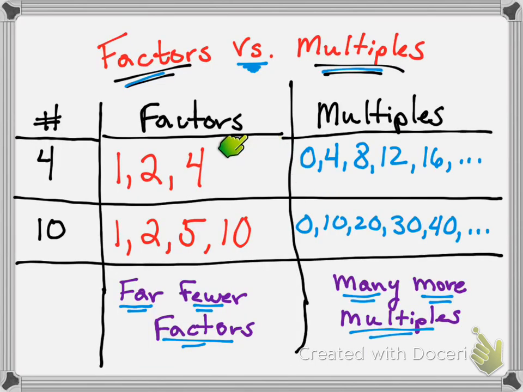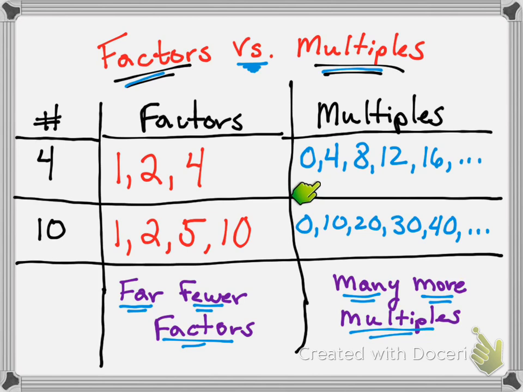So if you look over here, factors versus multiples, let's look at the number 4. 4 has these factors. This is a composite number because it has 3 factors: 1, 2, and 4. But once we start multiplying and using the factors of 4, we get multiples: 0, 4, 8, 12, and 16. And those dots mean it keeps going on.